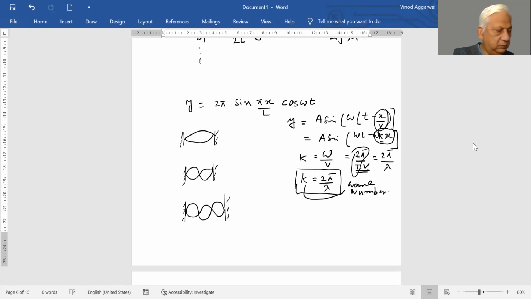Okay. Now we have seen here lambda is 2L.